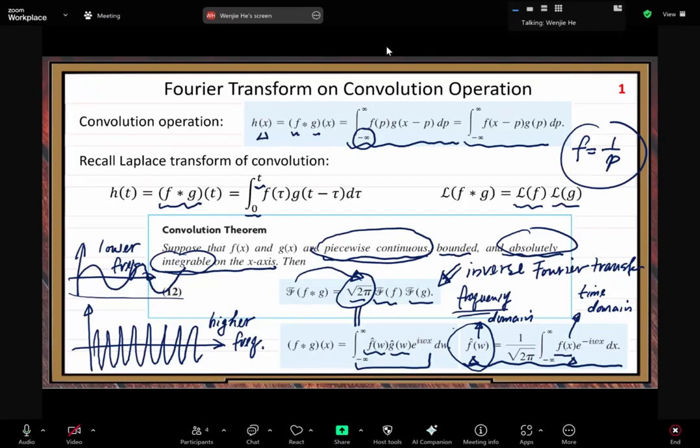The benefit is that you're in a different domain, a different world, a different universe. You jump to a different universe. Then what you can see and what you can do is completely different.